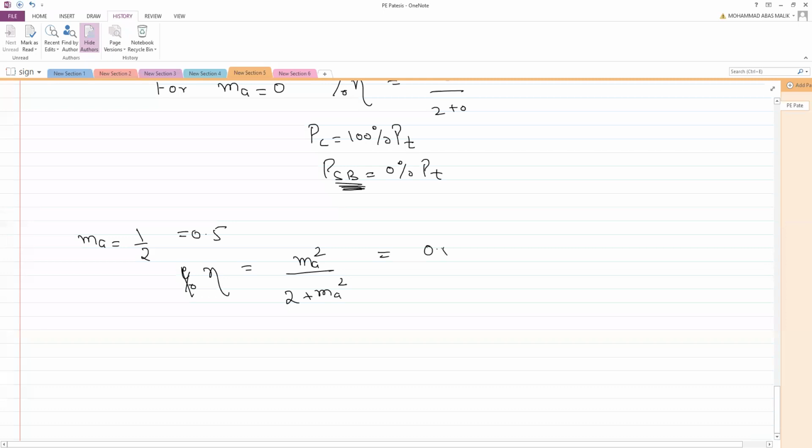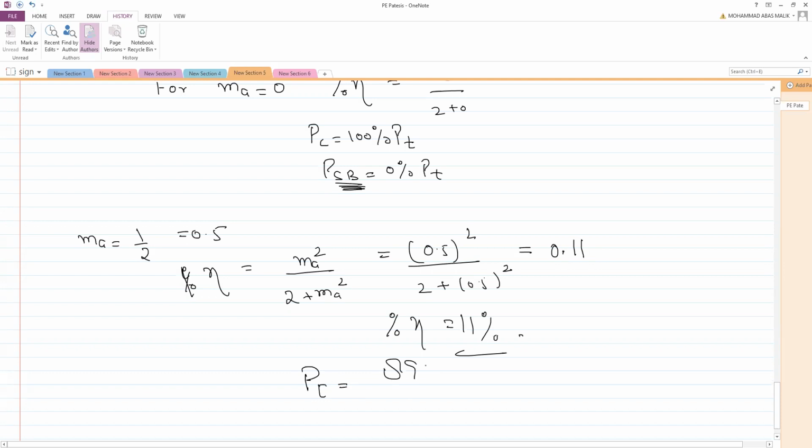Okay. 0.5 square divided by 2 plus 0.5 square, and this will finally be equal to 0.11. Taking its percentage, you get 11%. So you can say carrier power will be 89% of total power, and the useful sideband power will be 11% of total power.